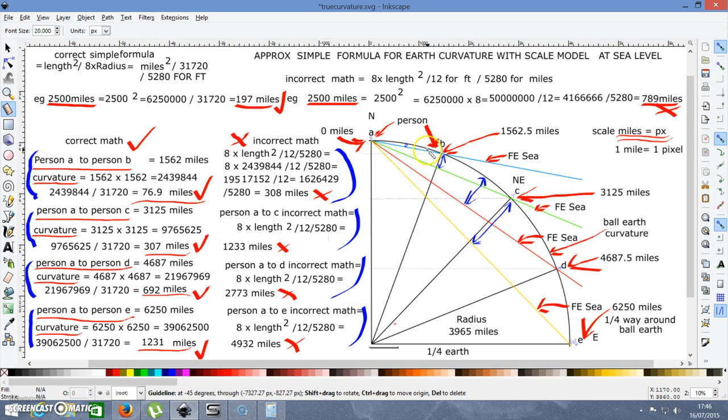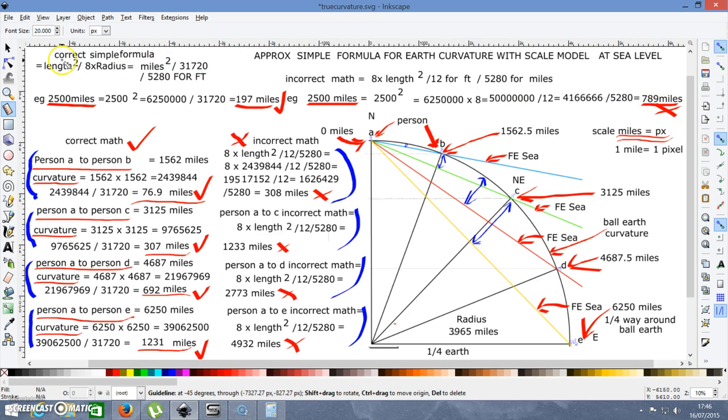Now, in the incorrect model for maths, which is here, 8 times the length squared divided by 12 feet, 284 miles. For example, 2,500 miles would equal, using the incorrect maths, 789 miles in curvature.